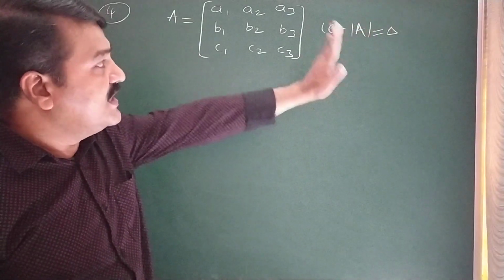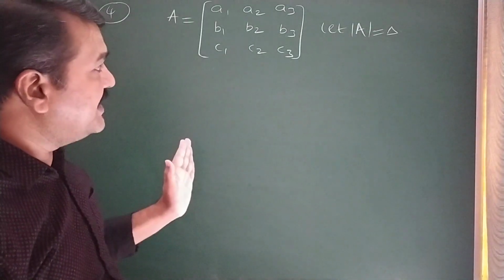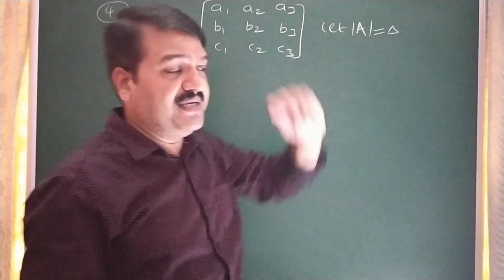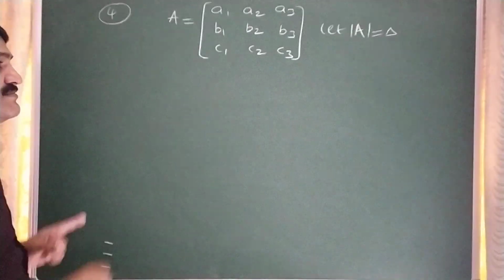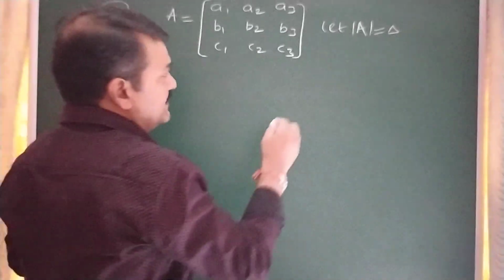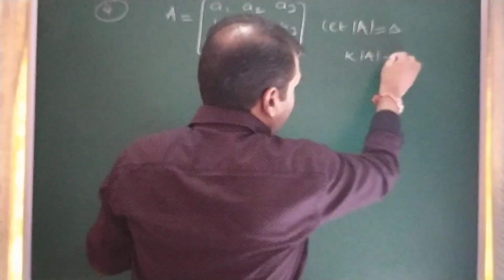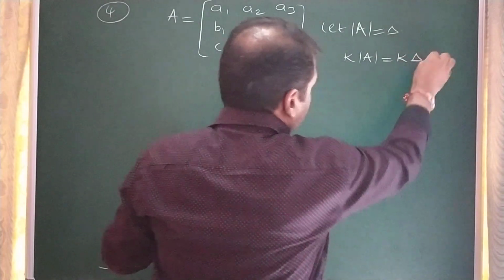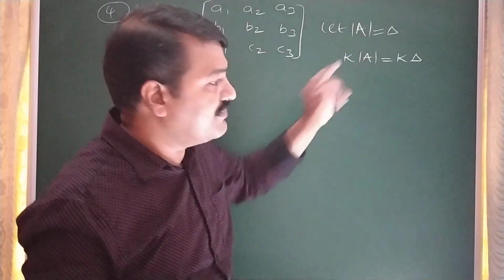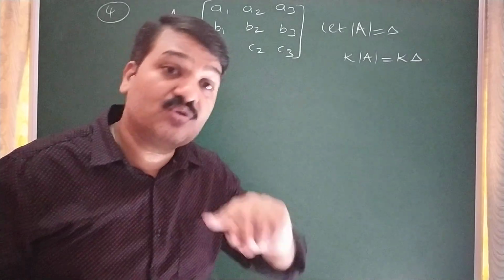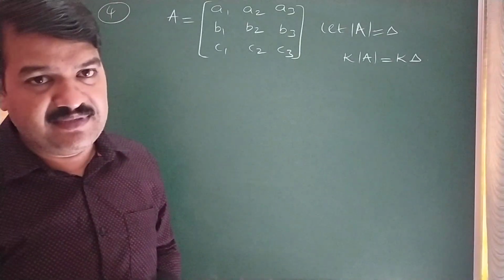So here, if k is multiplied to the determinant, that is k into det A, if I am doing like this, then this k can be multiplied to any one row or column of the determinant.